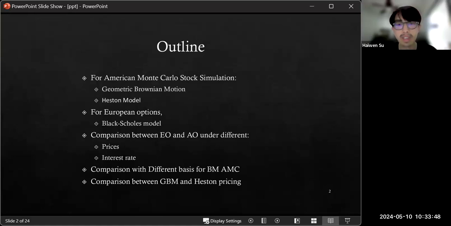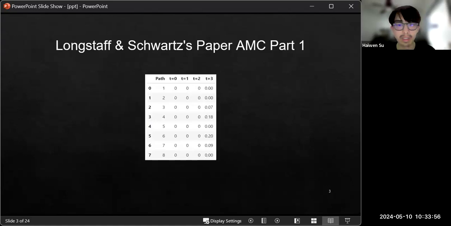And then in the end, I did a comparison between the geometric Brownian motion and Heston with American Monte Carlo pricing. And once again, I have to briefly walk through the Longstaff and Schwartz paper, which is one of the best approaches for American Monte Carlo, and also I think the most fundamental approach, I believe.